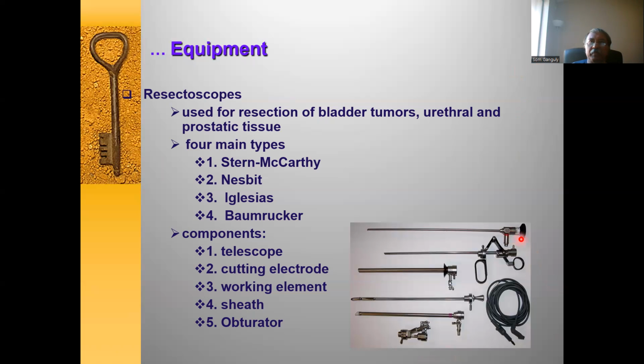And the cystoscope is basically this straight, rigid telescope, and we will also show you a flexible telescope.